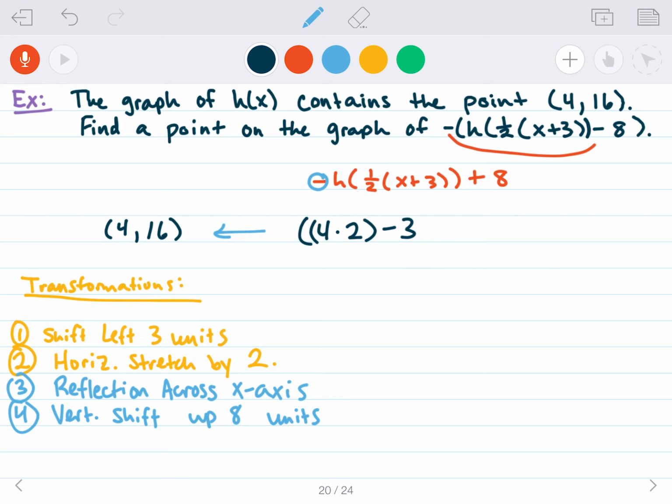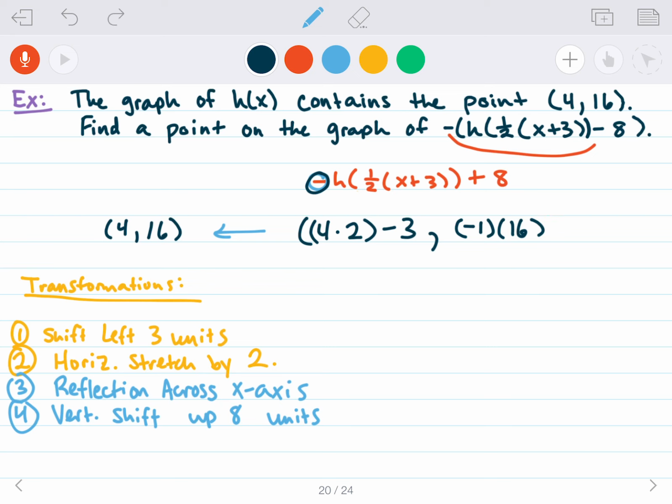And then for our output, 16, we're just going to multiply -1 by 16 to account for that negative in the front there. So we have -1 times 16. And then we're going to subtract, well, actually, I'm sorry, we're not going to subtract 8, we're going to add 8. We're going to add 8 here.